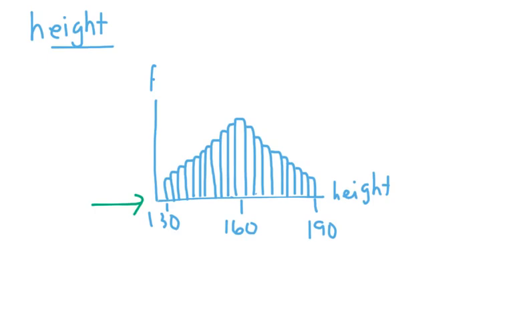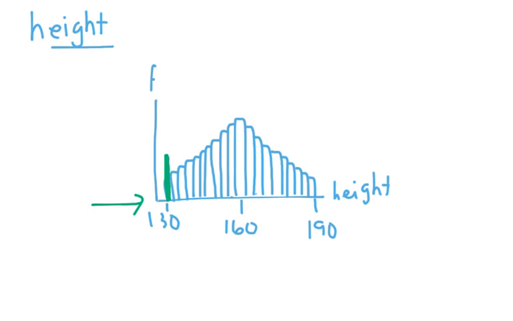So each value that we can have will be represented by a line on the x-axis. 130 cm will be here, 130.00001 cm will be here because it's a very small gap, 130.01 will be here, and 130.1 will be here.